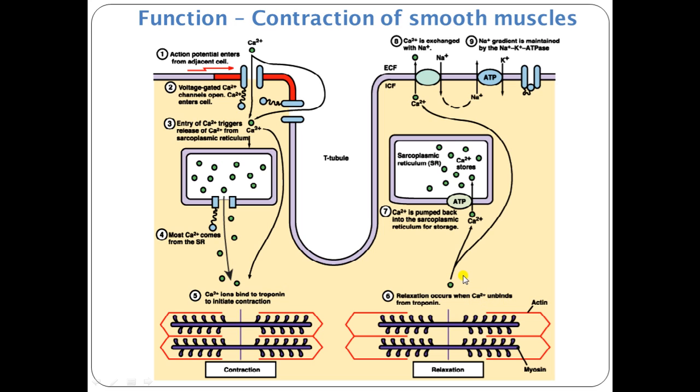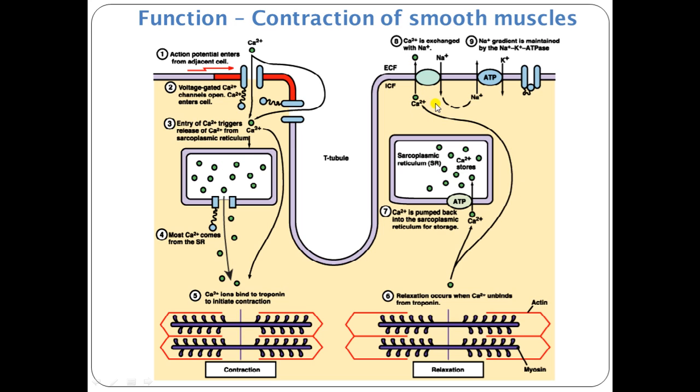That leads to freeing of calcium ion from the troponin. This calcium ion is pumped back into the sarcoplasmic reticulum with the use of ATP, which is an active process, and the rest of the calcium ion will be pumped out into the extracellular fluid in exchange with sodium.